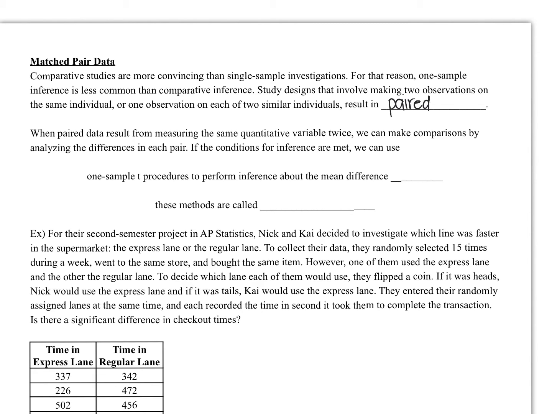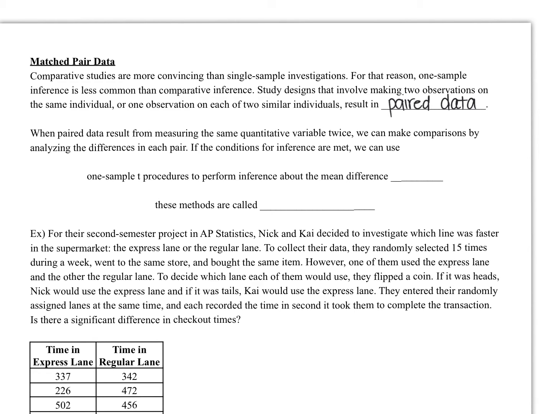This is kind of a review from when we were talking about studies first semester. We talked about matched pair. When paired data result from measuring the same quantitative variable twice, we can make comparisons by analyzing the differences in each pair.